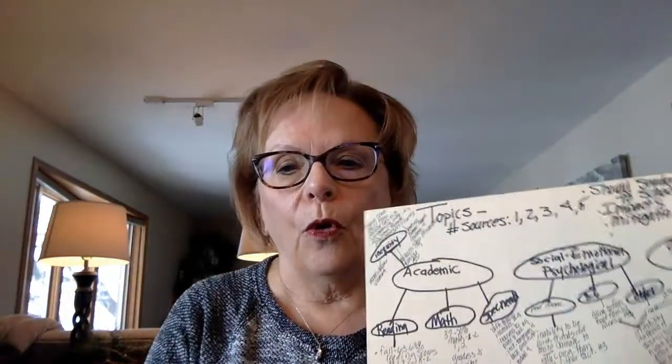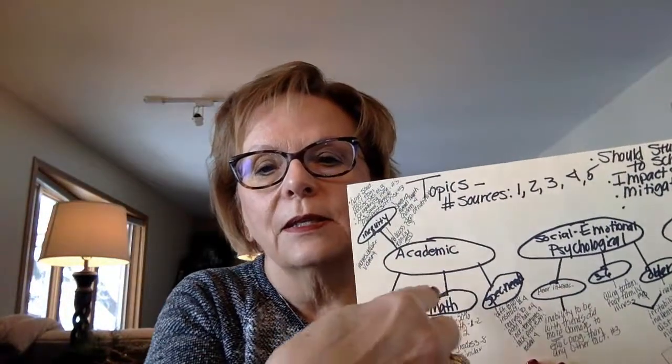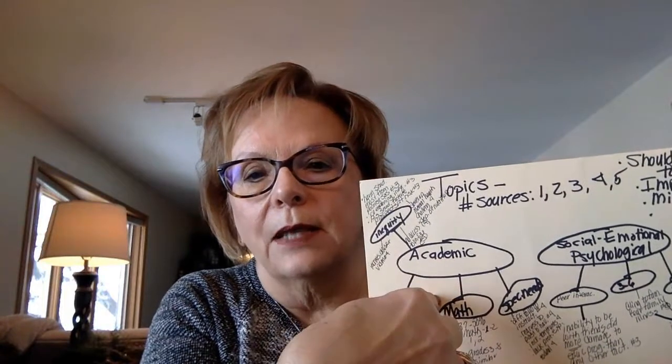Then I looked at the source for social, emotional, and psychological, and I found that they arranged it by preschool to grade 2, then grades 3 through 6, and then older students. It was interesting, and this was source 4, how source 4 also had some things to say about academics.